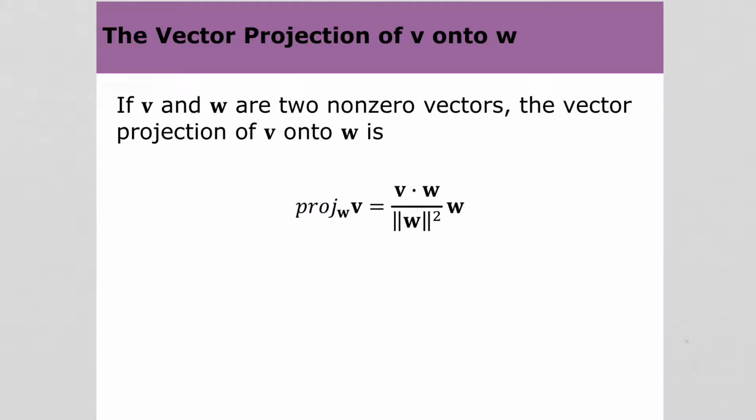So the projection of V onto W is found by the dot product of V dot W divided by the magnitude of W squared times the vector W.